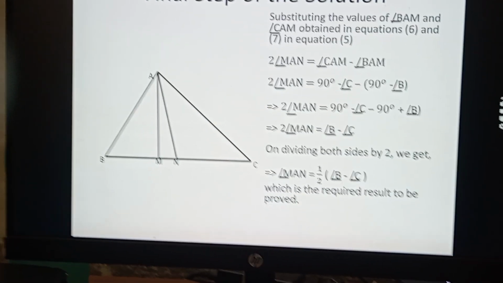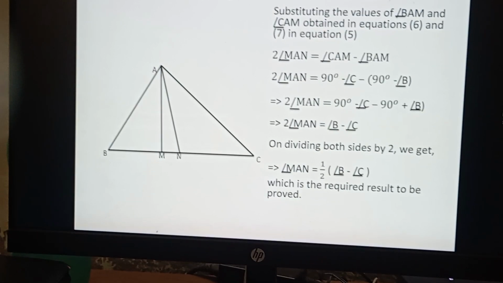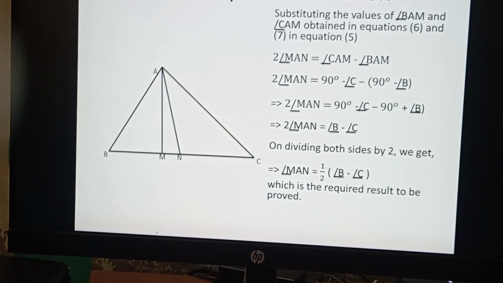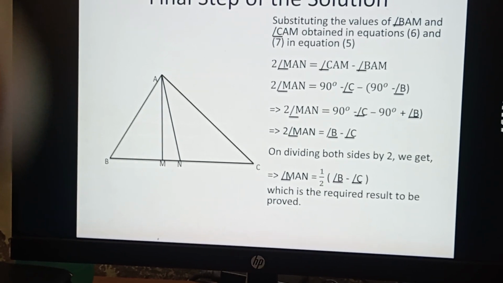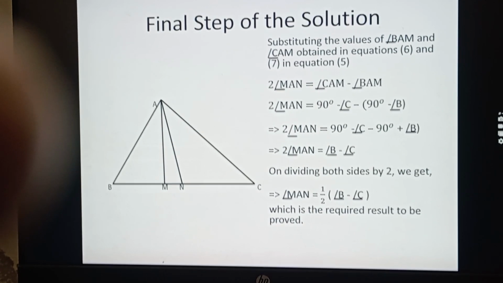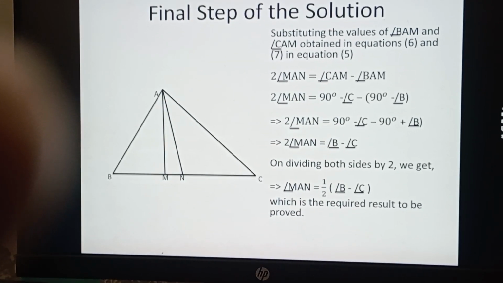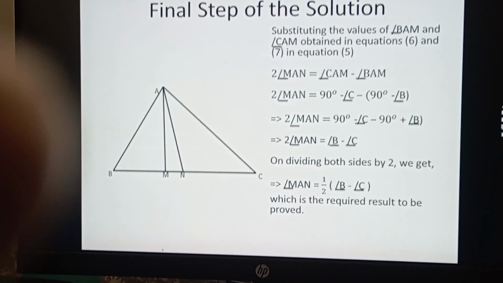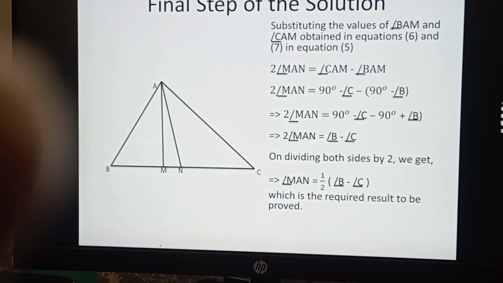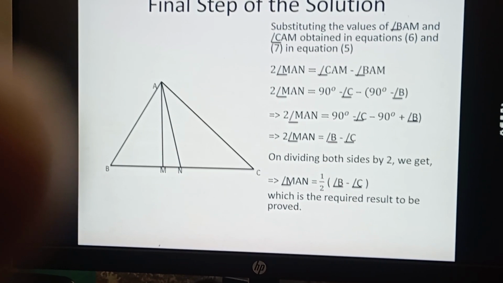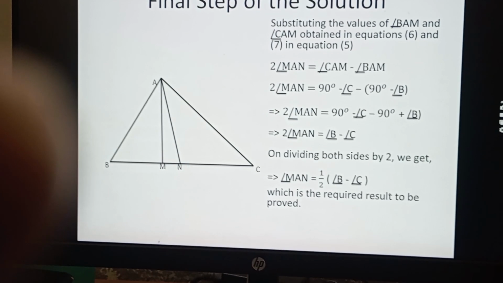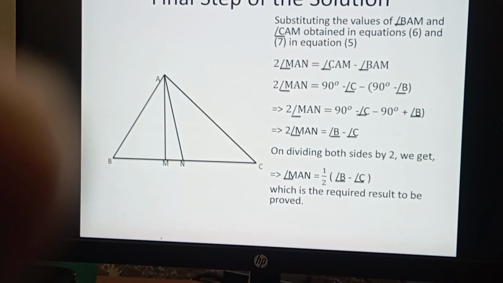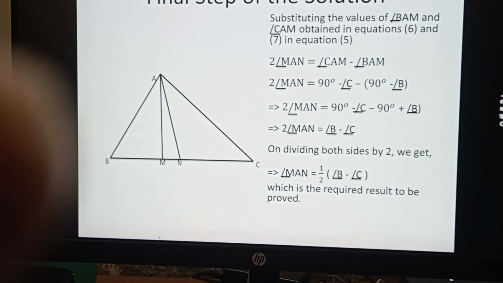In equation number 5, we have twice angle MAN is equal to angle CAM minus angle BAM. So twice angle MAN is equal to 90 degrees minus angle C, minus, in brackets, 90 degrees minus angle B. We purposely introduce a bracket there because there is a minus sign before angle BAM.